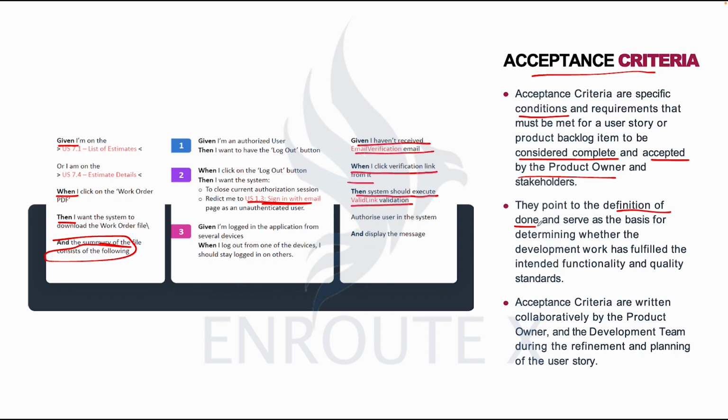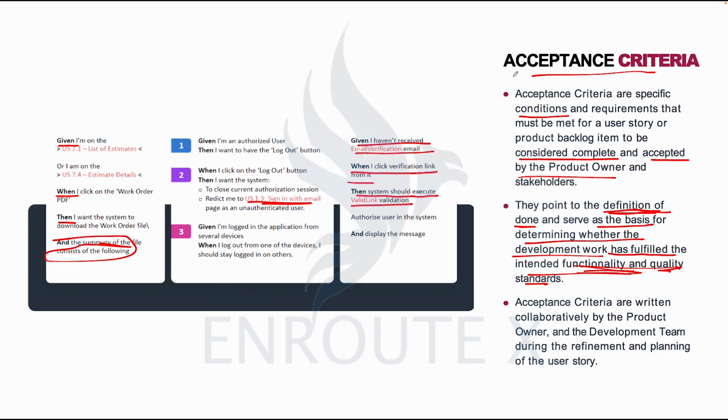So the acceptance criteria is just a piece of what we call definition of done, but they point to the definition of done and serve as the basis for determining whether the development work has fulfilled the intended functionality and quality standards. So the acceptance criteria is what we check whatsoever any developer claims had been done against.